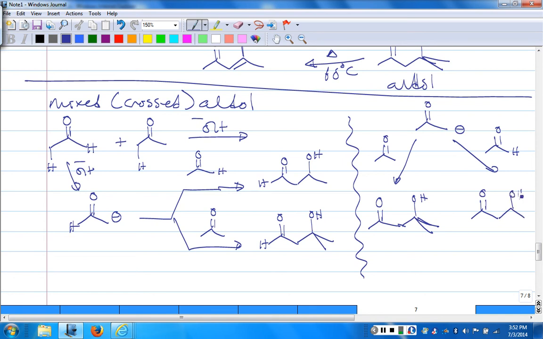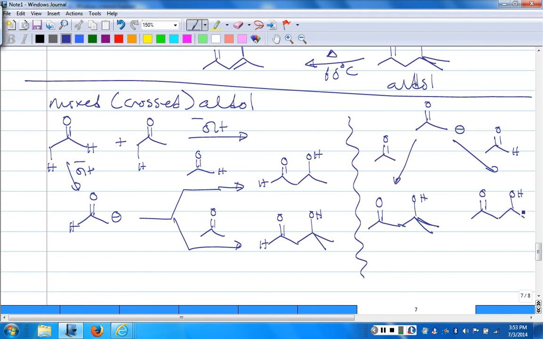Again, I am going to start off drawing the beta-hydroxy carbonyl compound and then just flesh it out. So these 1, 2, 3 carbons are here. 1, 2, 3. This carbon used to be the carbon of the ketone, attached to which are 2 methyls. They're still here. This carbon was the carbon of the aldehyde, attached to which there's a methyl and an H, H not shown.